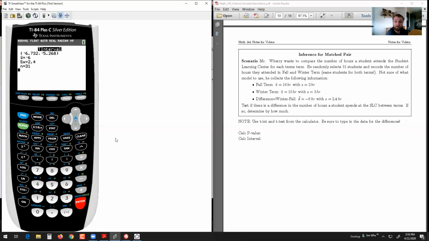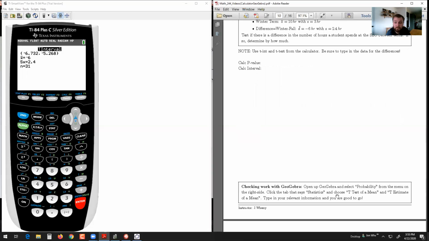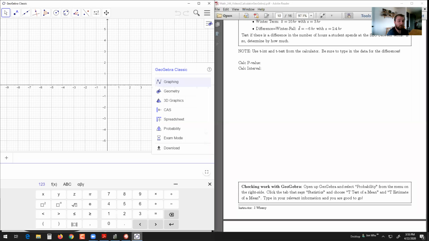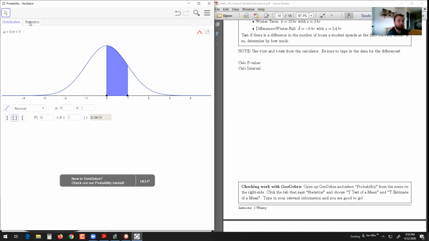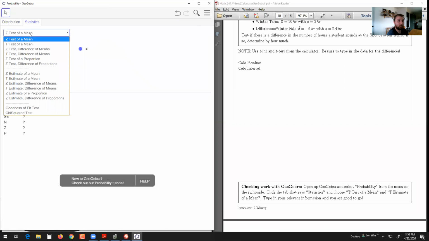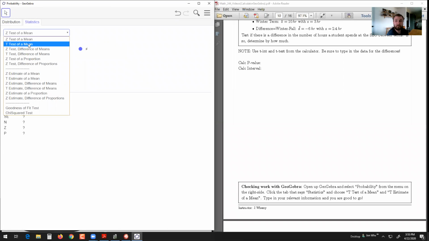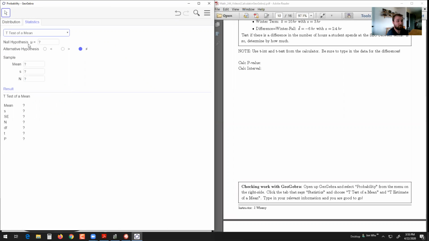Let me show you how to do this now inside of GeoGebra as well. In GeoGebra, I'm looking at t-test and t-estimate. So I'm going to go into probability. I'm going into the statistics tab. I'm going to start with the hypothesis test, so I'm going into test.